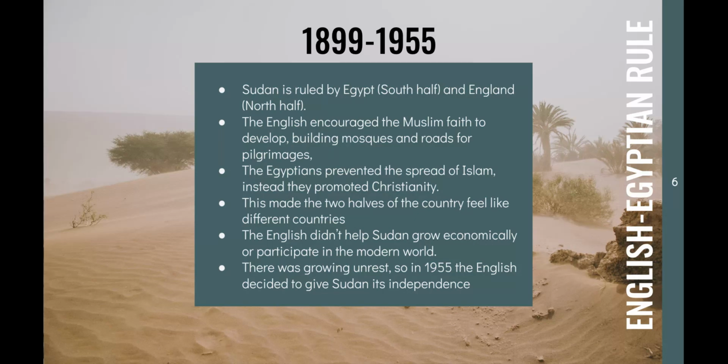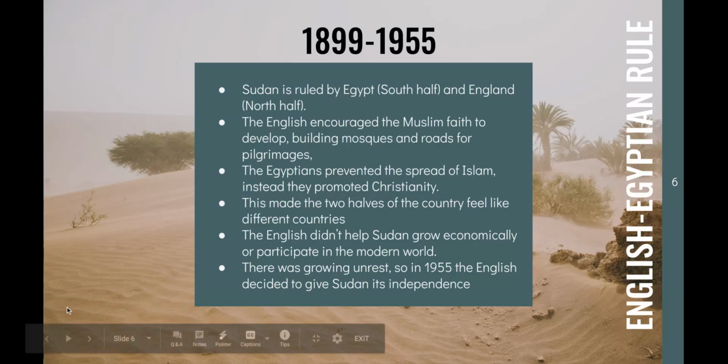So it made the two halves of the country feel like two different countries, actually. And there started to be tension between the two different halves. And the English weren't really helping Sudan grow economically or participate in the modern world. And the unrest got so great that in 1955, the English gave Sudan its independence and said that they could rule themselves.